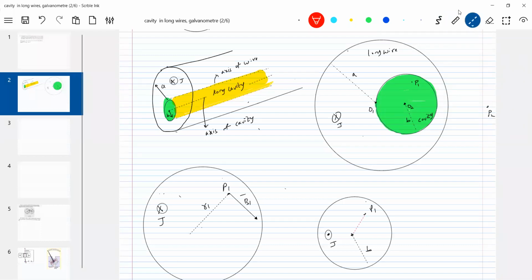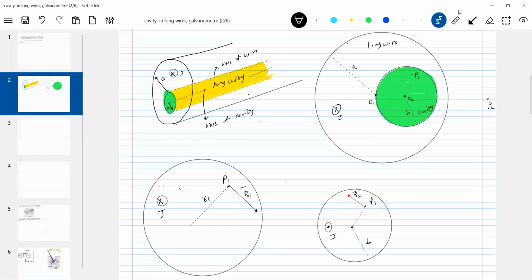The same idea that we used in electrostatics. Now why should B2 be in that direction? Out of the plane, and let me call this R2 bar. This is O1 and this is O2. This is a cavity, there's a wire without cavity.